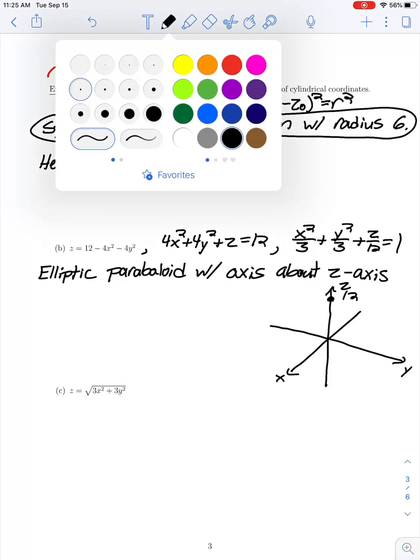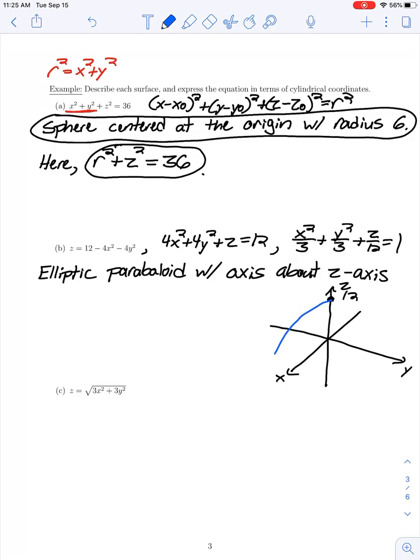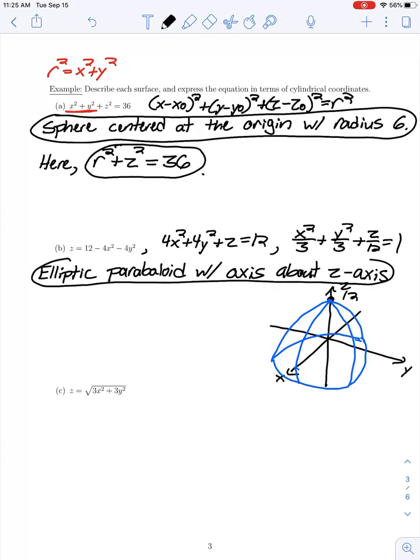So this is like a downward opening paraboloid, where these little cross sections are ellipses. So a little crude sketch here, but we have a paraboloid opening downward with vertex at 0, 0, 12. So this would be a description of that surface.